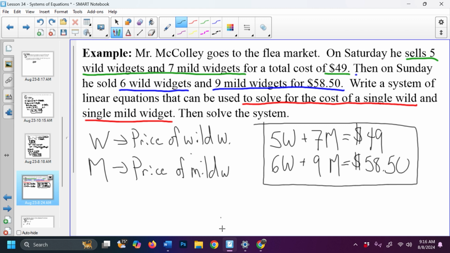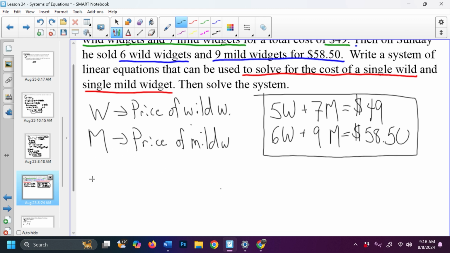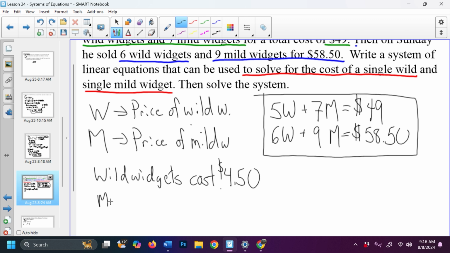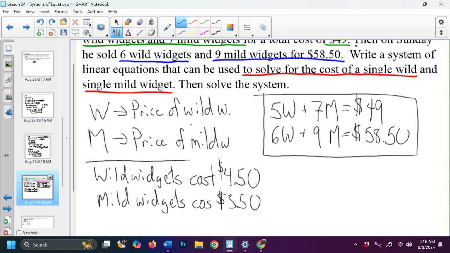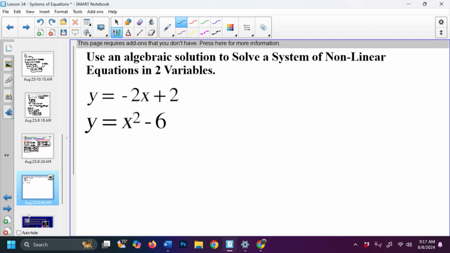So if I go back to this one, I can say that wild widgets cost $4.50 and mild widgets cost $3.50. Put a box around that, and we're finished.